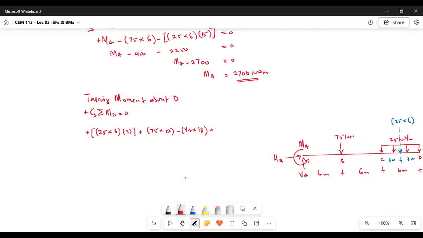So plus MA plus HA times 0 is equal to 0. Okay? So when we multiply this one, we'll get 450. Multiply this one, we'll get 900.